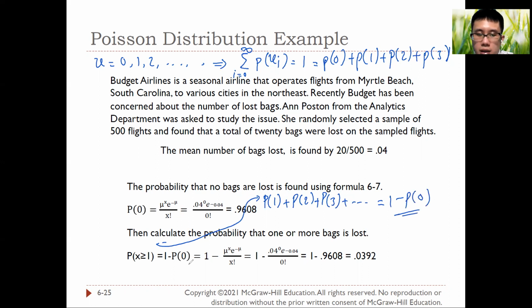And just substitute, and we have the probability like this. Of course, you can also find the others like this or like this, by this complement rule.